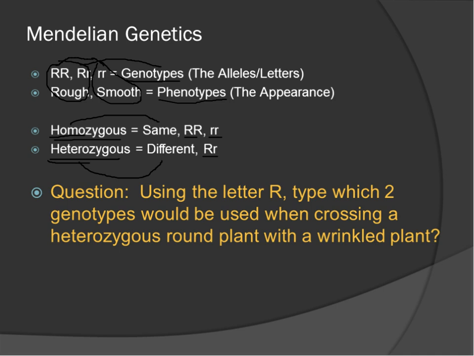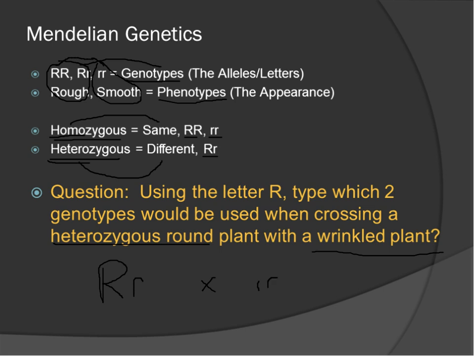All right. So when we're crossing a heterozygous round, remember, hetero means different, right? So we got a big R and a little r. Versus wrinkled. Well, if heterozygous is round, that means round is dominant all the time. So wrinkled is going to be the two little r's.